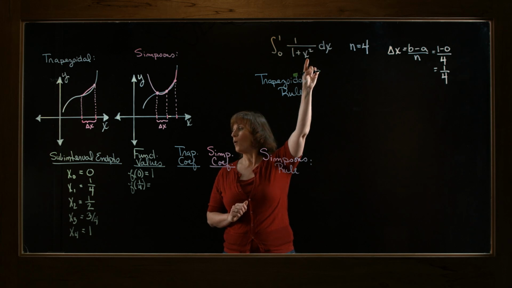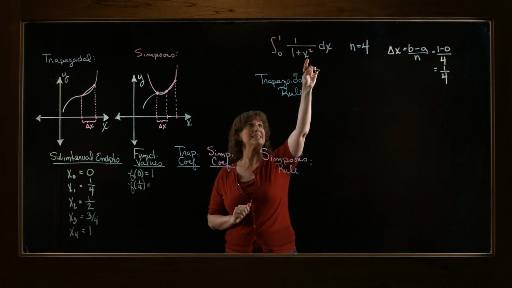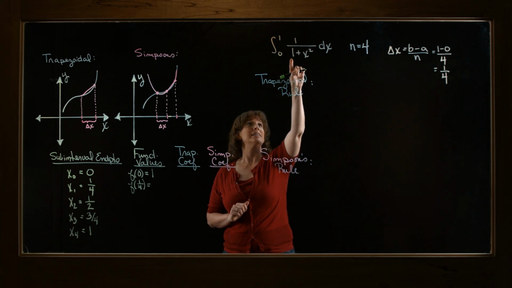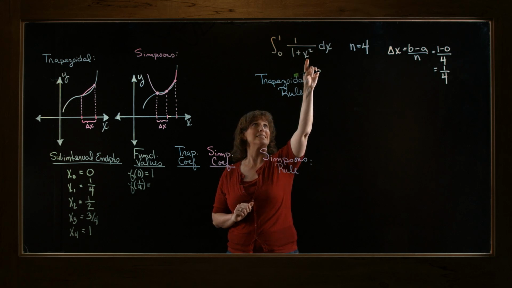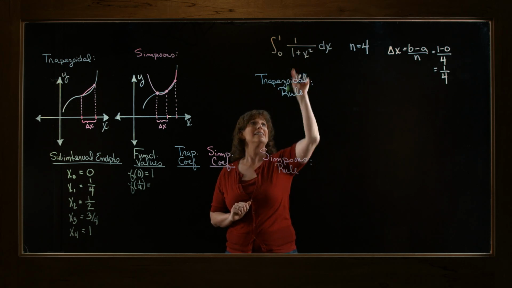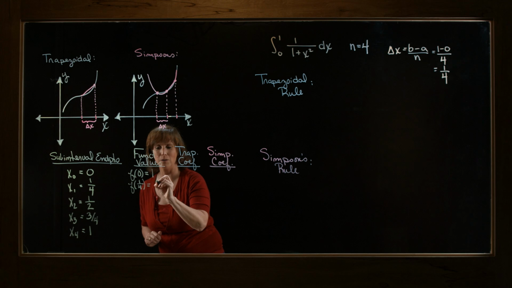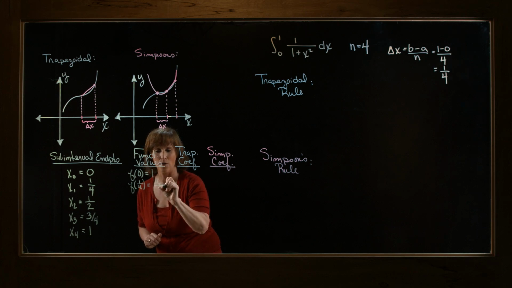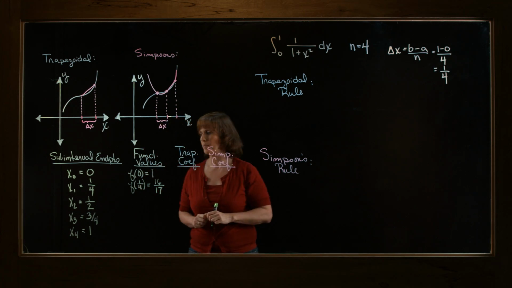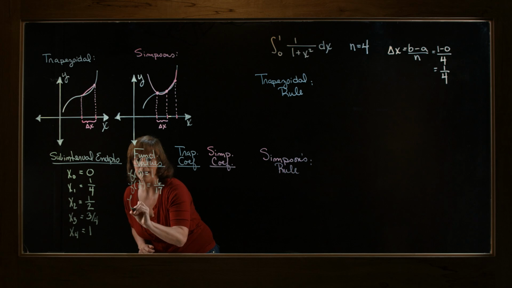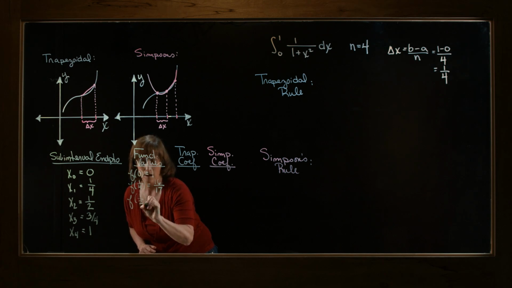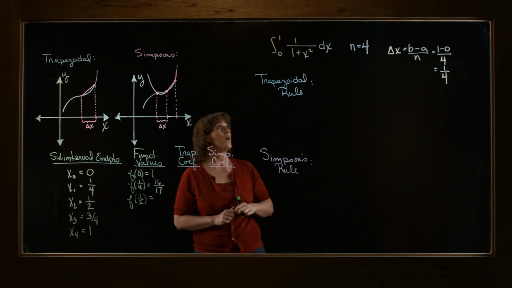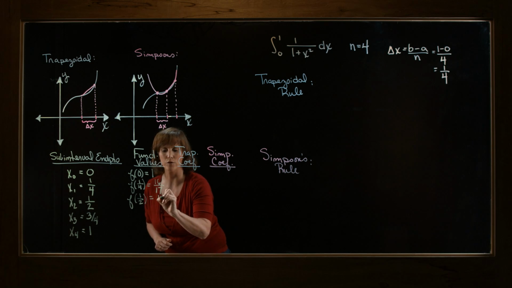I'm going to have 1/4 squared, that's 1/16. So I'll have 16/16 plus 1/16, or 17/16, and when I invert and multiply, I get 16 over 17. Now we're going to plug in 1/2. When I plug in 1/2, I get 16 over 20.